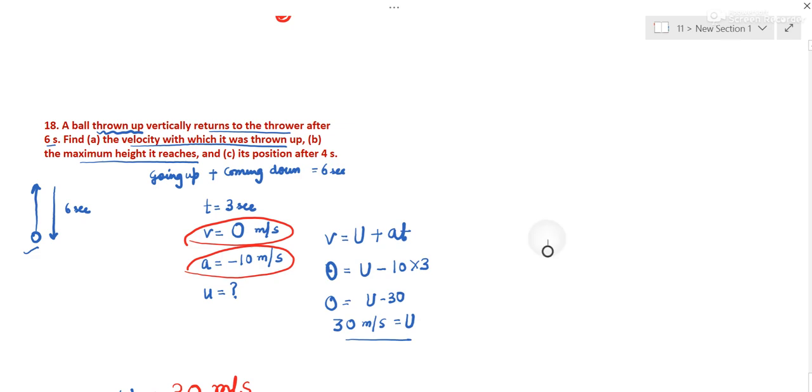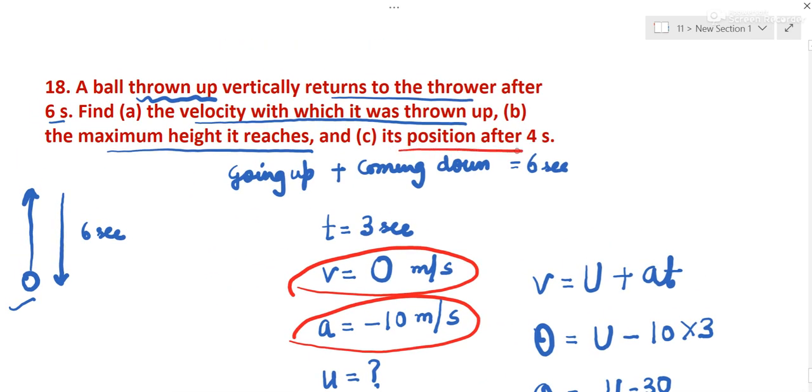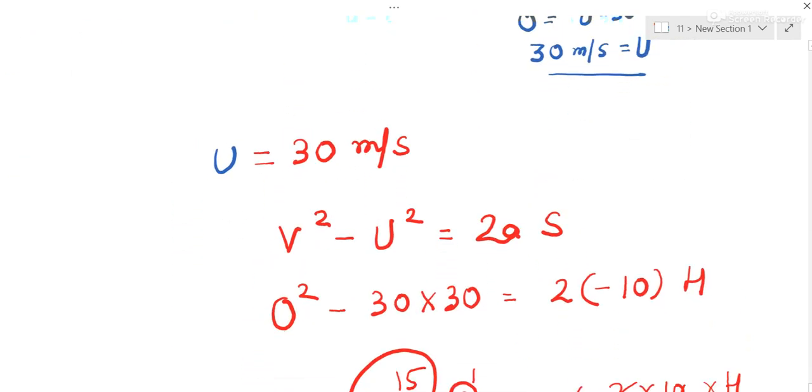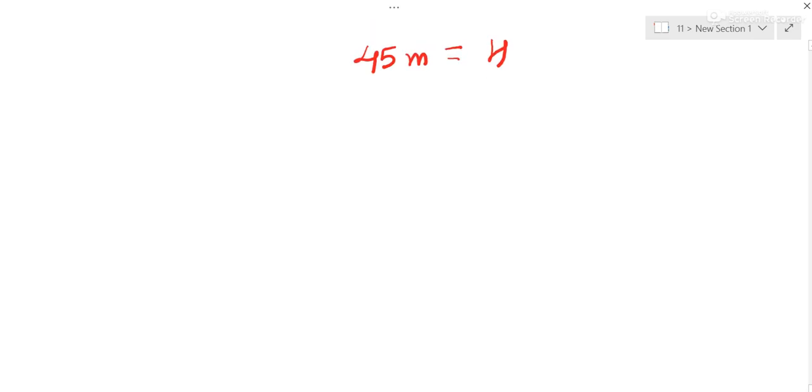Anyways, one more thing that we need to find out is the position after 4 seconds. Again, look, a ball is thrown up. It returns to the thrower after 6 seconds, so half time is 3. The velocity with which it was thrown up, we found as 30. In 3 seconds, it reaches the highest point and then it comes back.